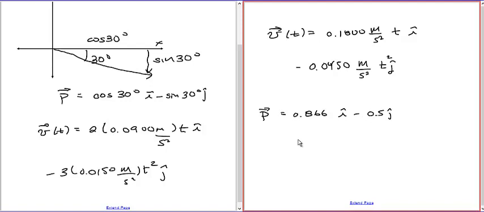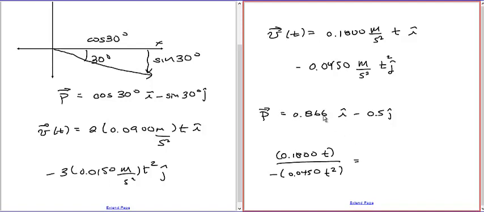And so if we take the ratio of these two velocities, you get 0.1800 t divided by negative 0.0450 t squared. I'm going to leave the units off here.